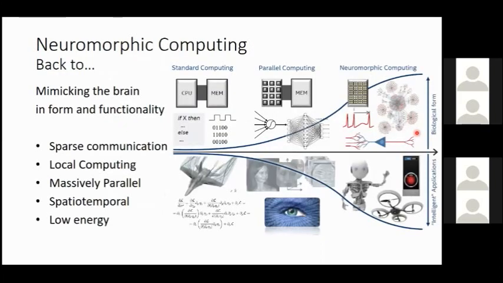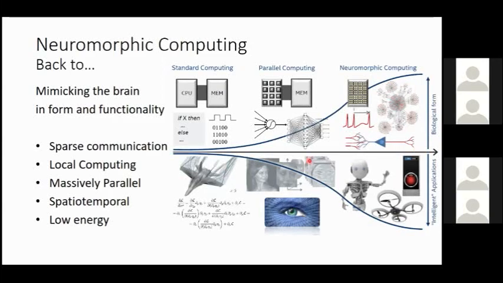So now, back to neuromorphic computing. Neuromorphic computing is all about mimicking the brain in silicon, in form and functionality. In this plot, the x-axis is time, and let's look at the kinds of computing paradigms that were developed along the way. Initially, we had CPU-based computing, which was quite popular, with number crunching and everything.